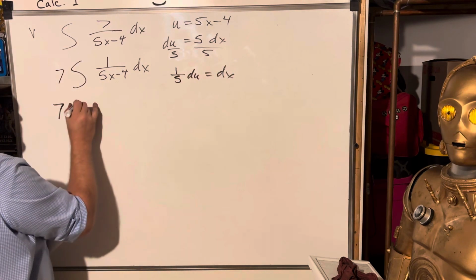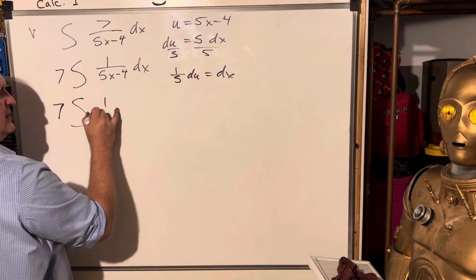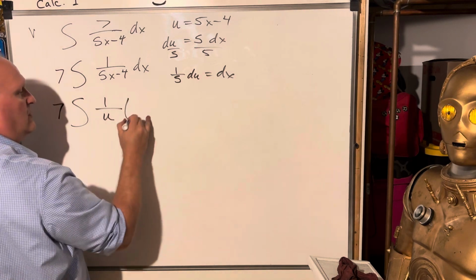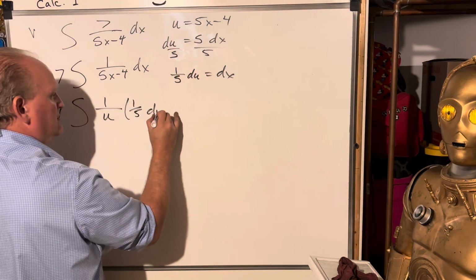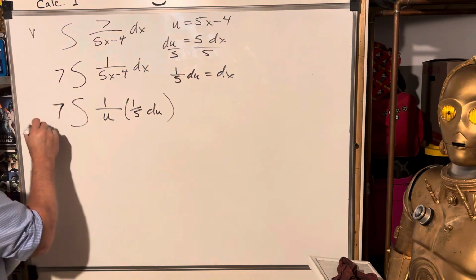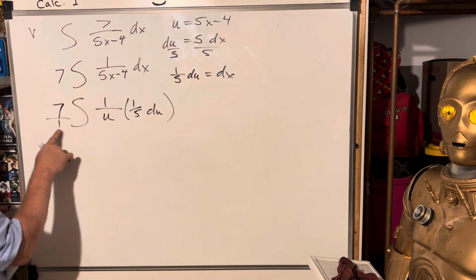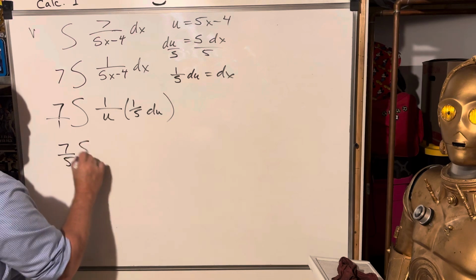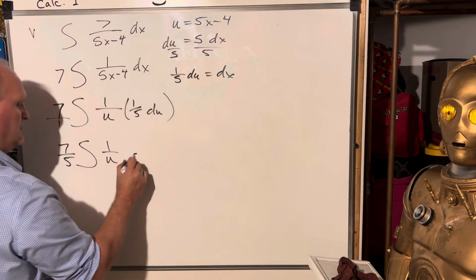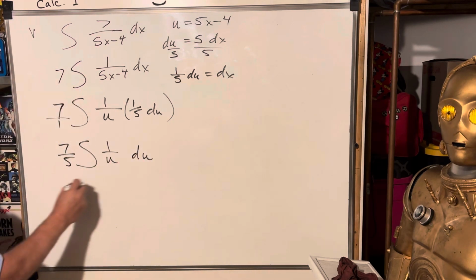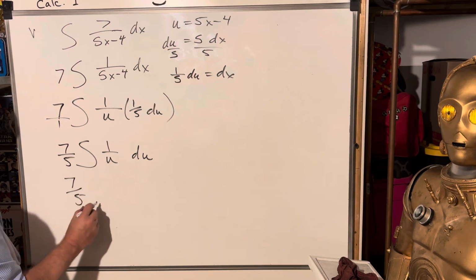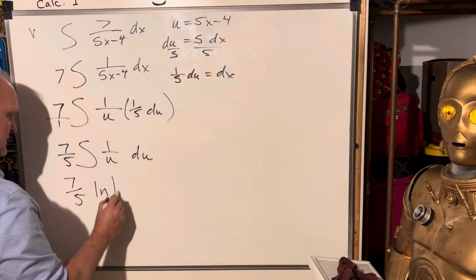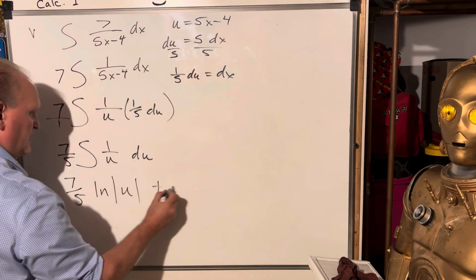So we got 7, and then we got 1 over u, 1/5 du. And now let's pull that 1/5 out front. That's 7 over 1. So we can multiply those. So we got 7/5 integrate 1 over u du. And now, right, it should almost be in cruise control here. ln, absolute value of u, plus c.